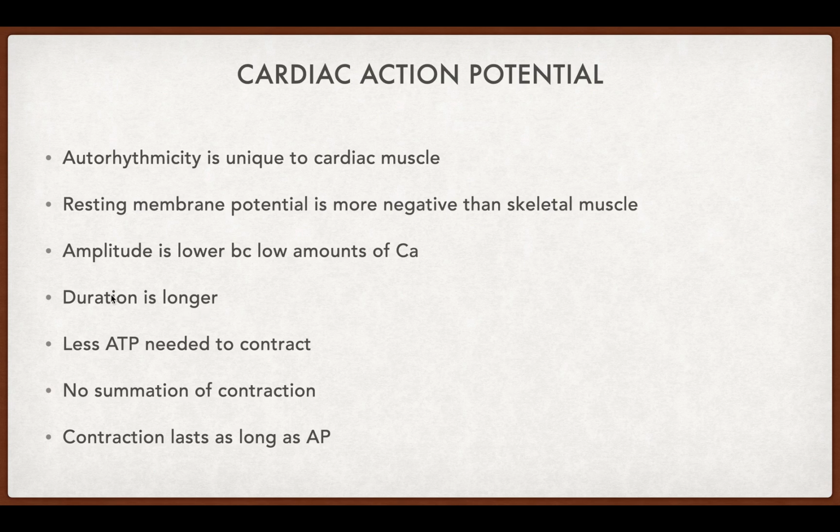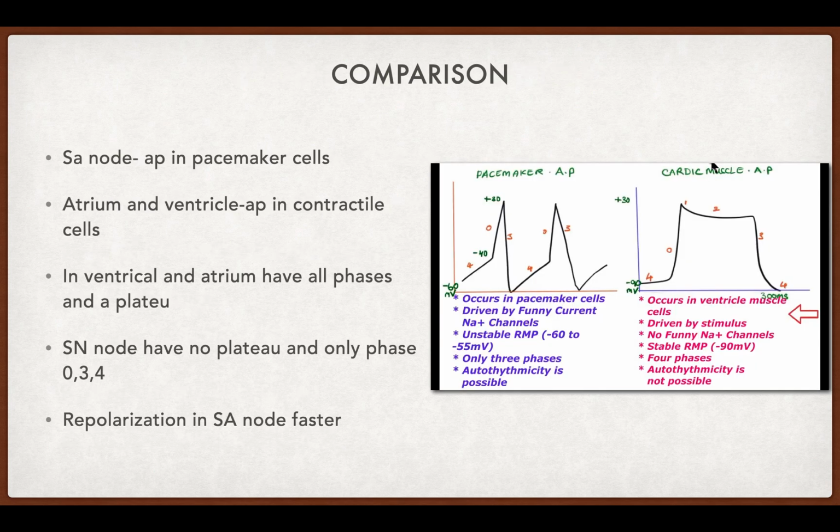And moreover, the duration is longer, so you don't want to contract very hard, because when you contract hard, you contract quickly. So you want to contract slower to eject all of the blood. It's pretty efficient too. Less ATP is used for contraction, so the heart doesn't constantly need to be supplied with ATP. Rather, all that ATP can go to the brain. And the contraction lasts as long as the action potential. So long action potential, long contraction.